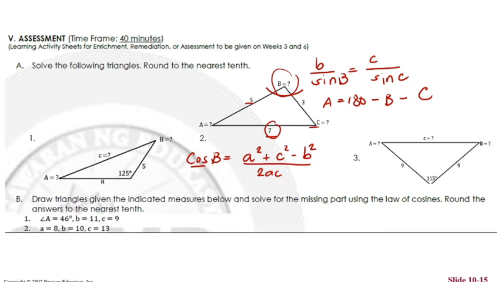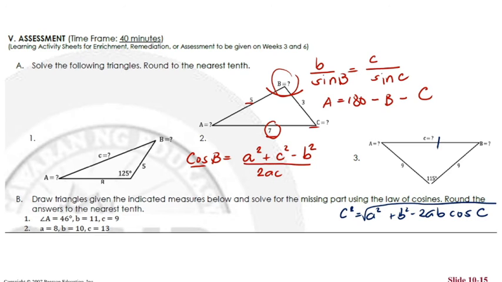Okay. So for number 3 now, you have two sides and one angle. So the first thing that you can compute here is your side C. So your C squared is equal to your A squared plus B squared minus 2AB cosine C. You're given that. Then you get the square root. Now, if you already have your side C, you can use your law of sine to get either of the angles, since they are just the same.